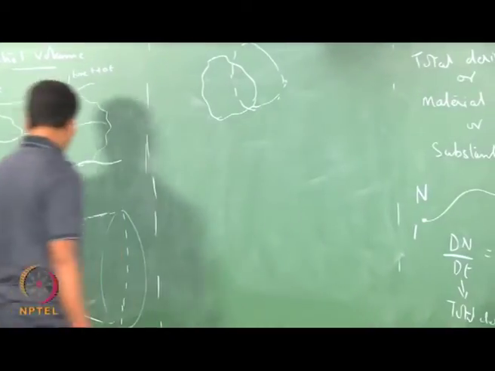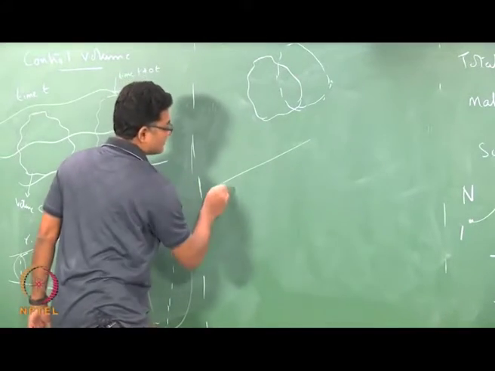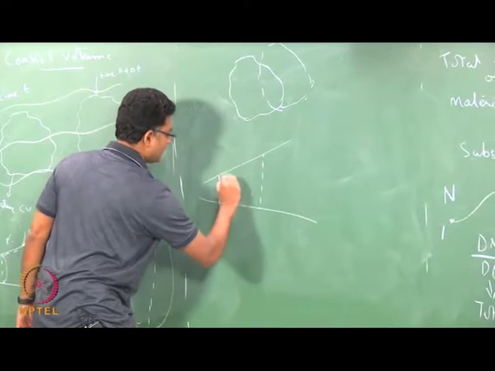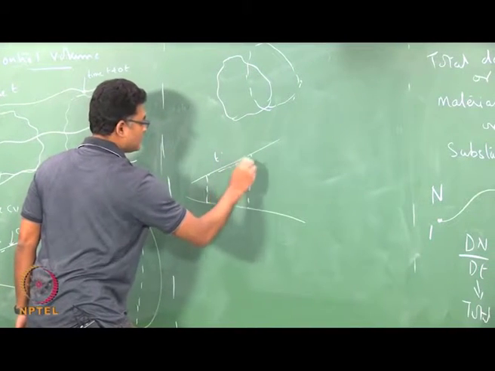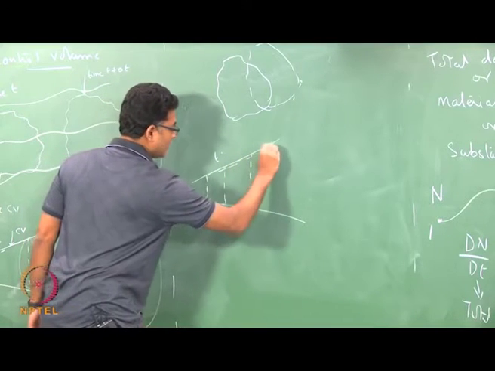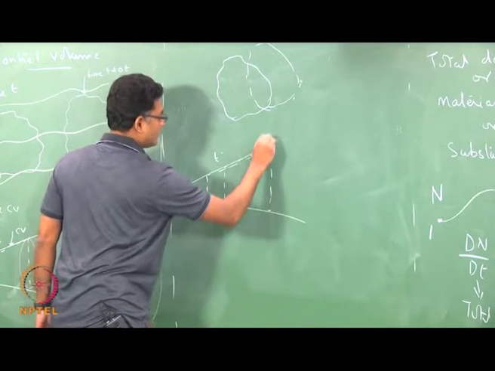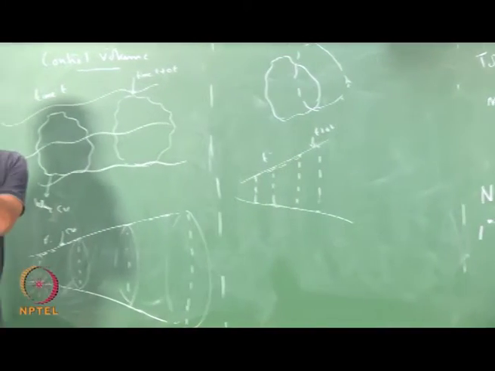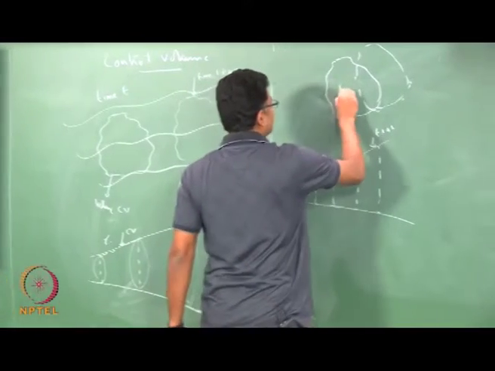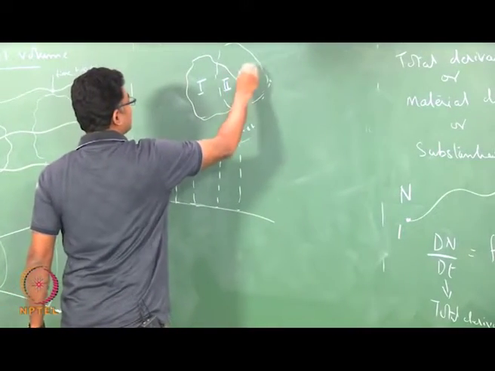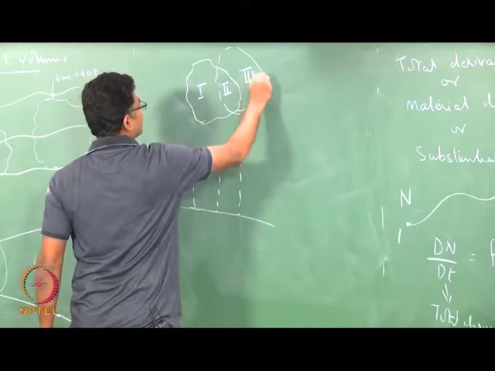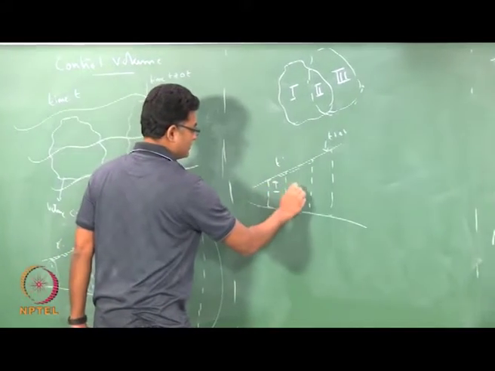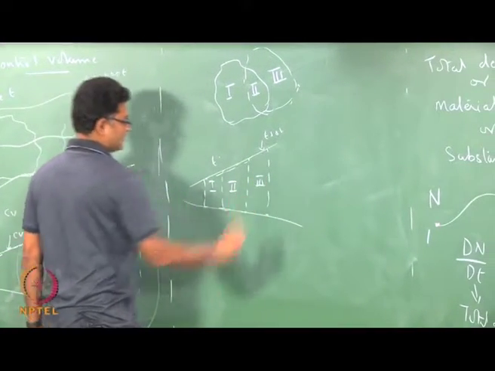If you look at it this way, my control volume here at time t is now moved to this at time t plus delta t. So, essentially I have region 1, an overlap region 2, and the new region 3. Here again, region 1, overlap region 2, and region 3.